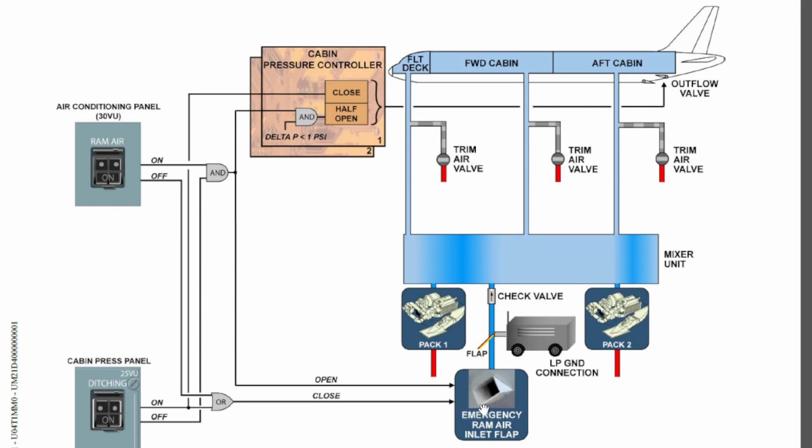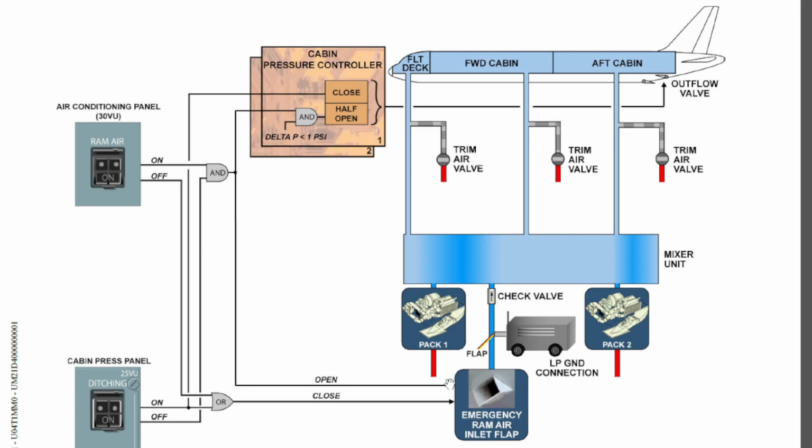Even though the flap opens, the outside air will not enter the mixer unit. Why? Here you have a one-way valve. Now the aircraft itself has a certain amount of pressure in the cabin.